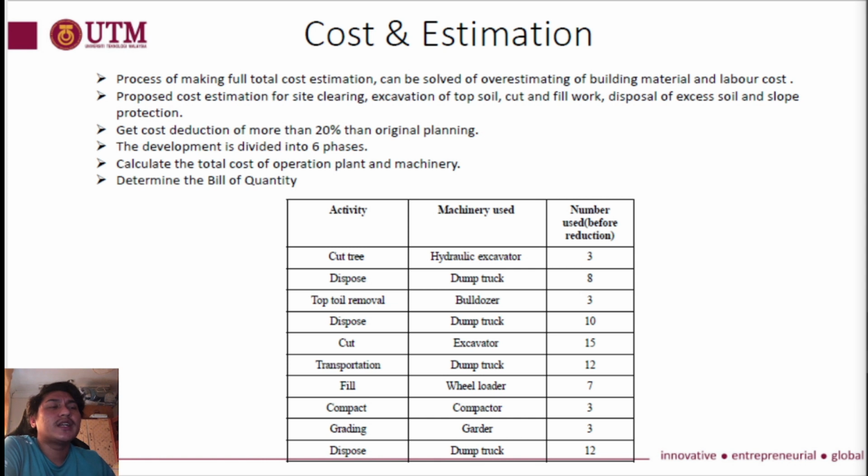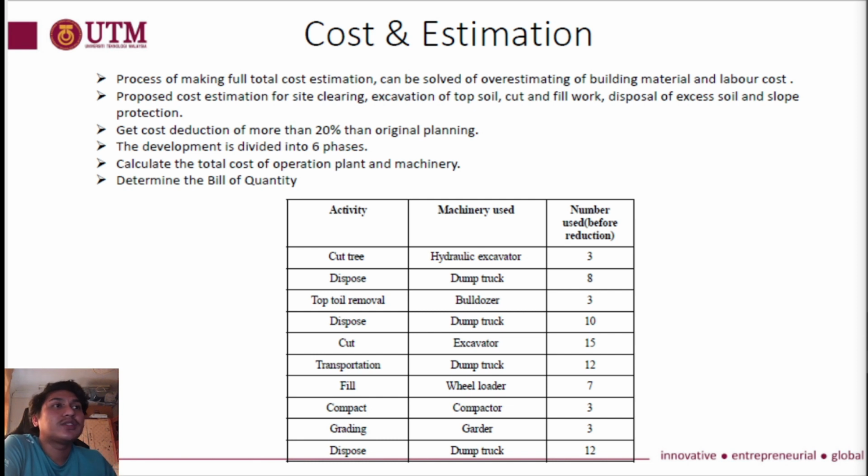As we already determined the cost of the project, we can calculate the cost reduction of the project, which is more than 20% of the original planning.